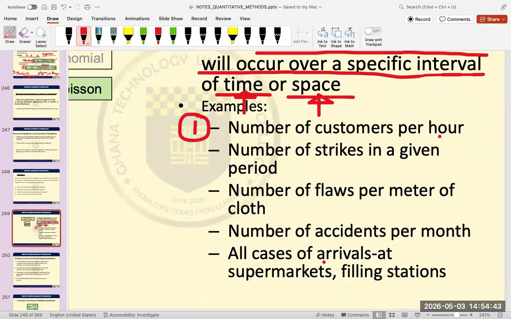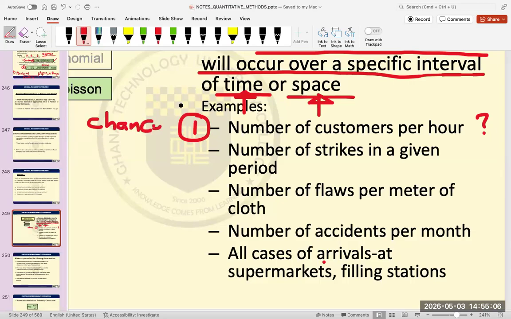Number 1, look at this one. Number of customers per hour. Is it possible to know the number of customers per hour who will come and buy something in your shop? You may not know. So you will depend on chances, probabilities.